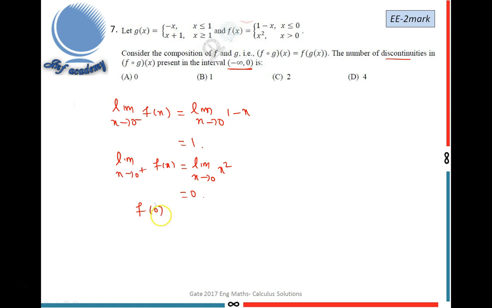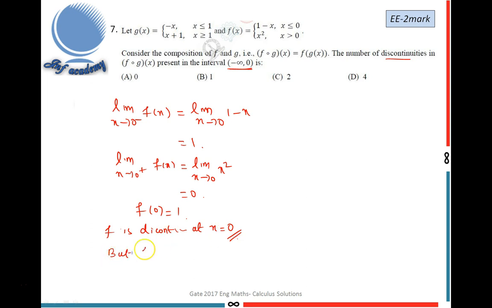This is 0, but f of 0 equal to 1 minus 0, 1. These three values are equal, then only f is continuous at the point x equal to 0. But here LHL and RHL, left hand limit, right hand limit, and f of 0 are not equal. So f is discontinuous at x equal to 0 only.